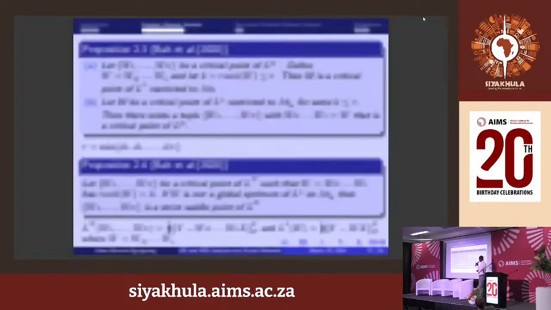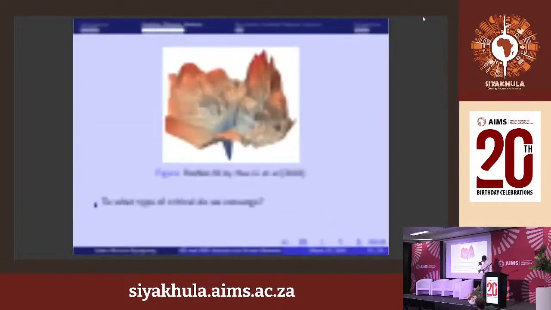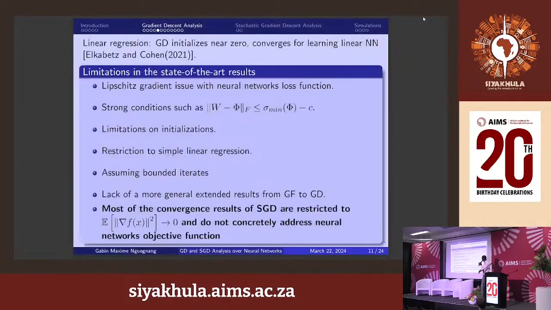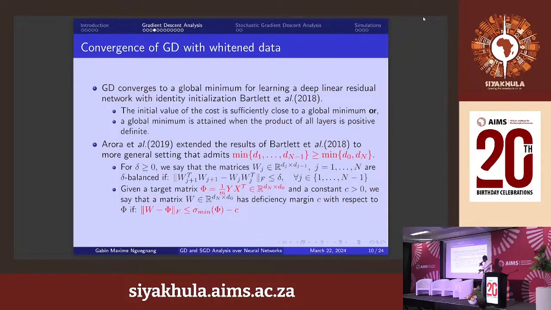For instance, I presented this condition. Our result will involve more models, because this condition, for instance, will exclude some important models like autoencoders. This is how our result complements those previous results.